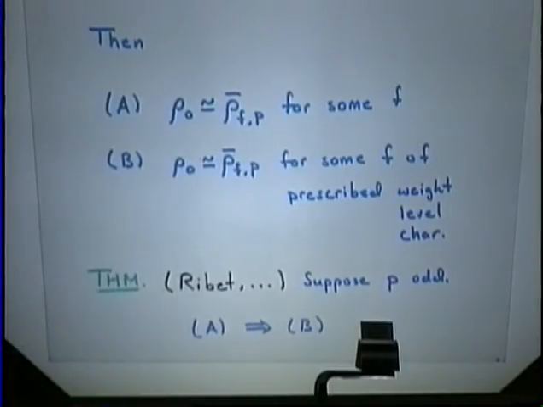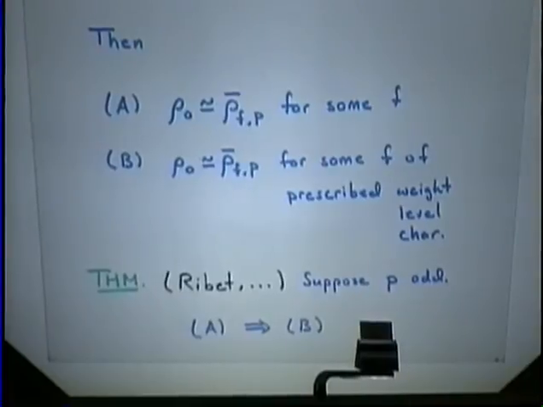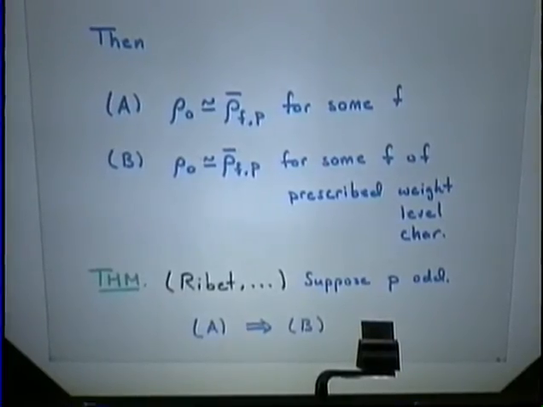And this is critical in many of the proofs in the direction of the characteristic zero modularity conjecture.